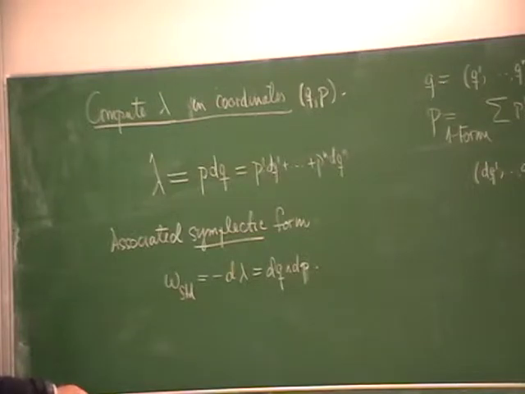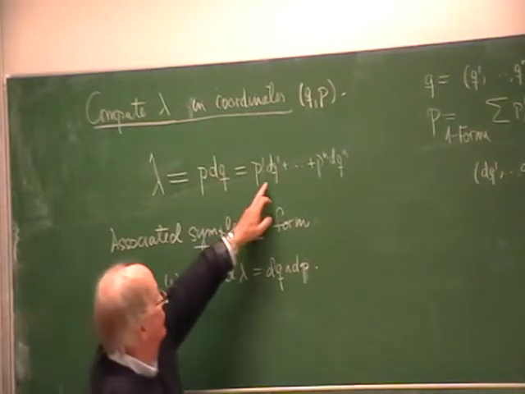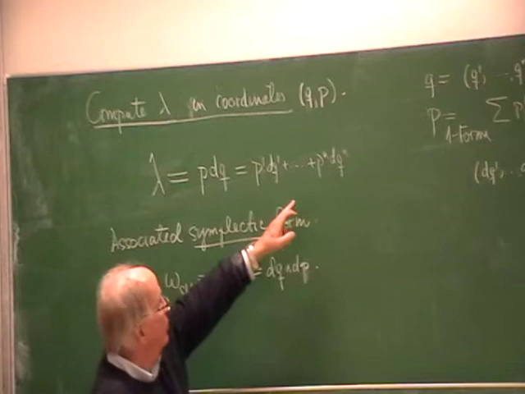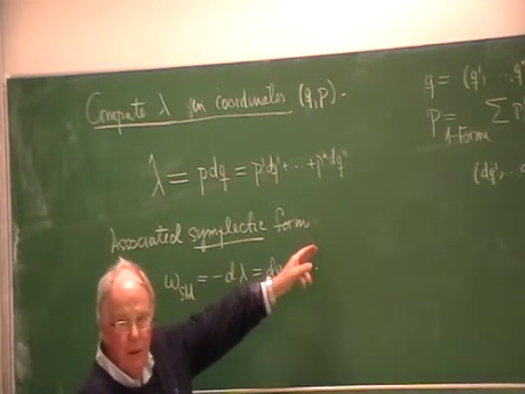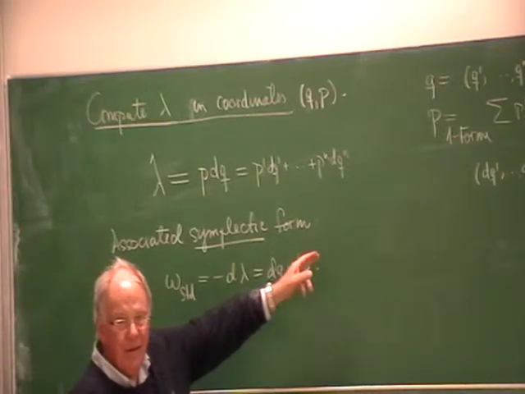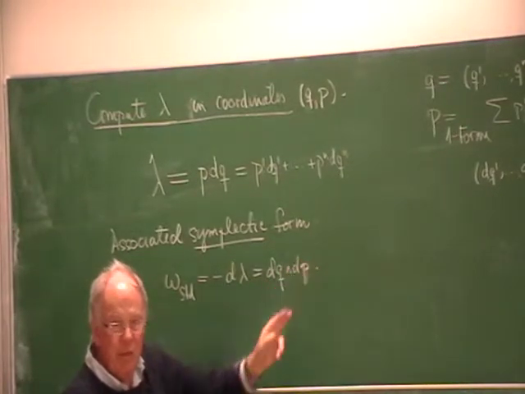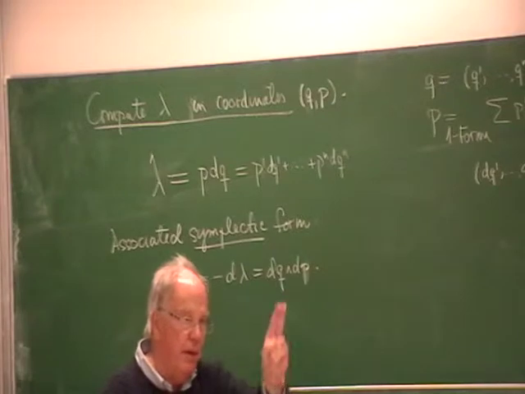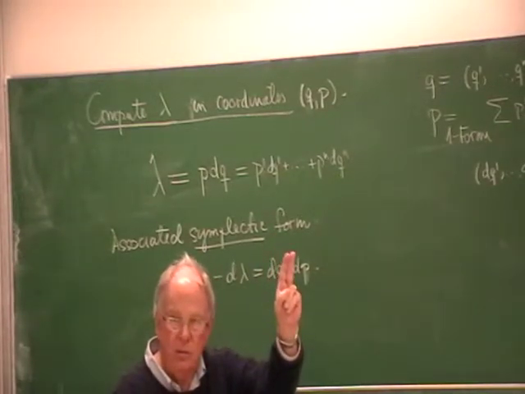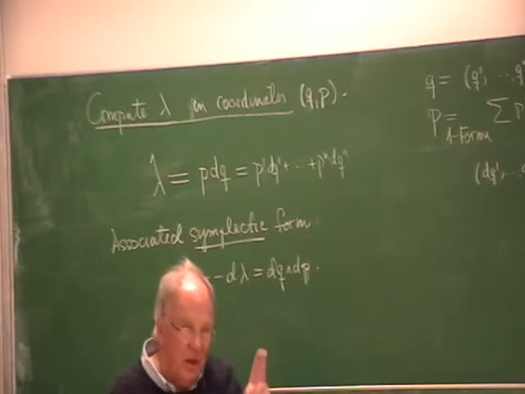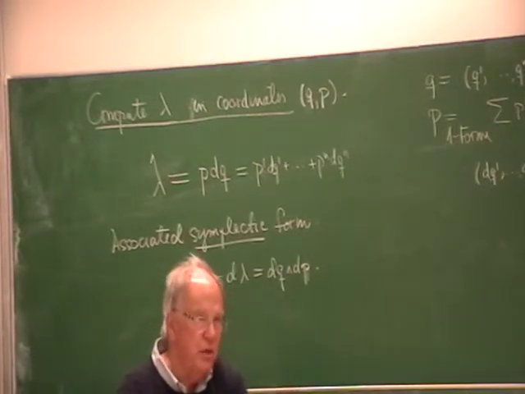If you apply this thing to a vector partial with respect to Qj, you get Pj. But don't forget Pj depends on which point you are in the fiber. That's maybe the confusing part. Those are the linear coordinates of the fiber in some sense, Pj.